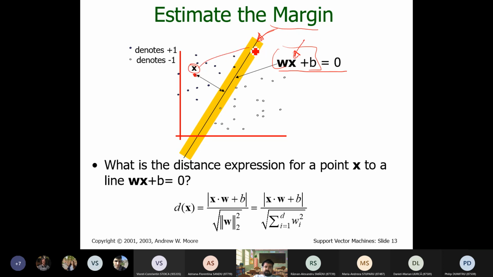So we have x multiplied by w plus b, and divide it by the norm of w, so as to get a number independent of dimensions. So the distance of x will be defined as the module of xw plus b divided by the norm of w, which is the square root of the summation over all dimensions of wi squared.